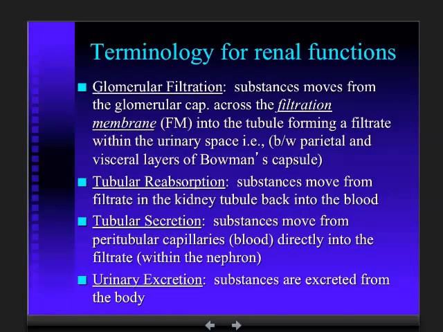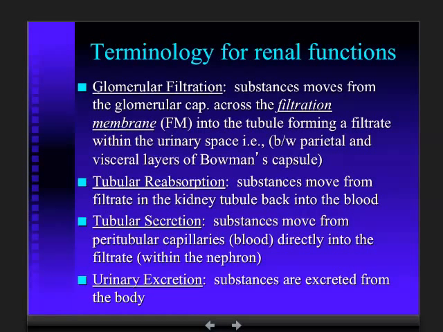The opposite of that, if I take something from the blood downstream of the glomerulus and put it into the kidney tubule, that's called secretion. So, filtration happens at the glomerulus. Reabsorption happens from the tubule into the blood supply, and we'll see where that happens.